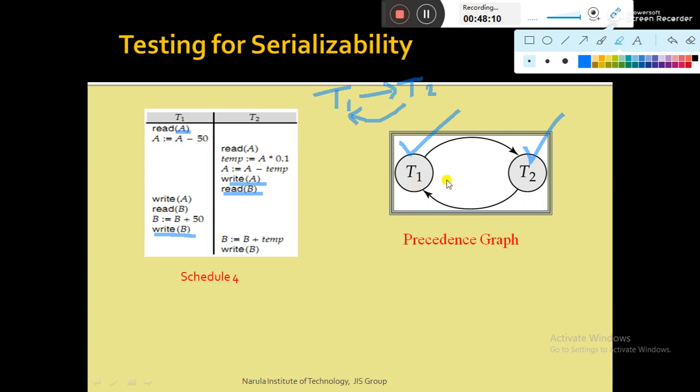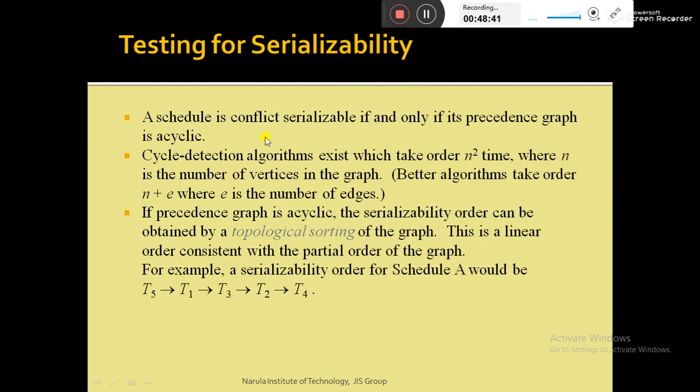In the previous example, the graph was linear, no cycle was there, but here the precedence graph has a cycle. And if a precedence graph contains a cycle, then the schedule is not serializable. If a precedence graph does not contain any cycle, then the schedule is serializable.